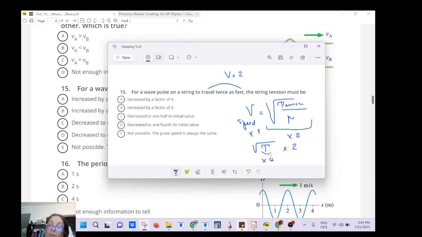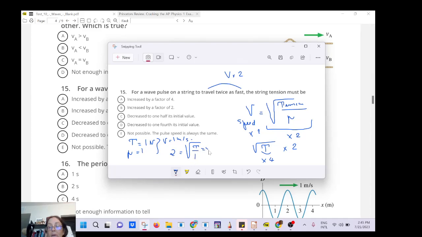So if it's hard for you to understand, you can give yourself values. Let's say we start with tension equals 1 Newton. Maybe the mass per unit length is 1. Why not? In that case, the speed will be 1 meter per second. So now you want the speed to be multiplied by 2. That means you want 2 equals the square root of the tension, which will be your unknown, and then you still have 1.